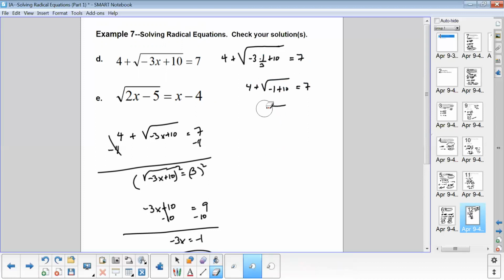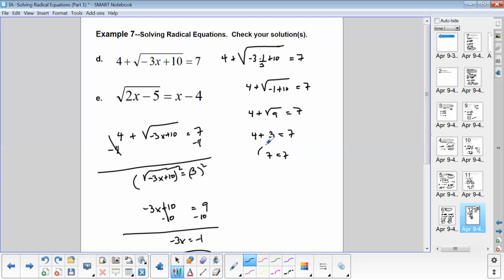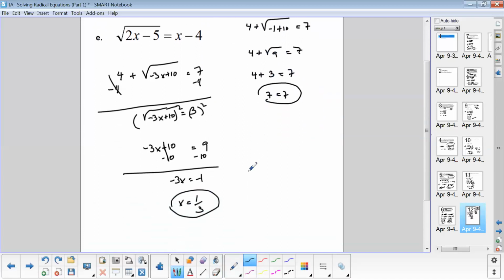Don't forget my addition sign there. So that'll be 4 plus the square root of 9 is equal to 7. And then this will be 4 plus 3, taking the principal square root here, and I get 7 equals 7. That checks, which means that x equals 1/3 was correct.